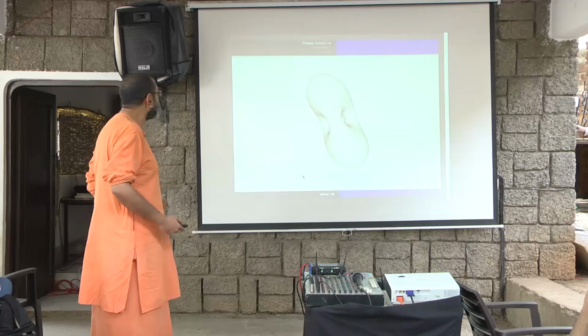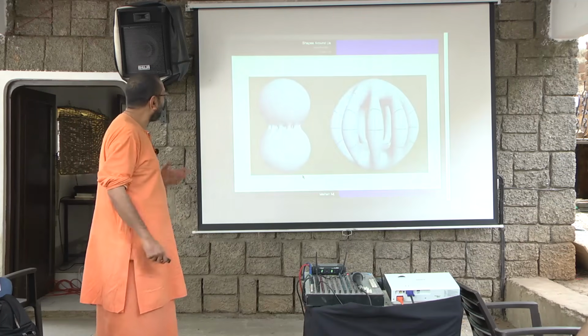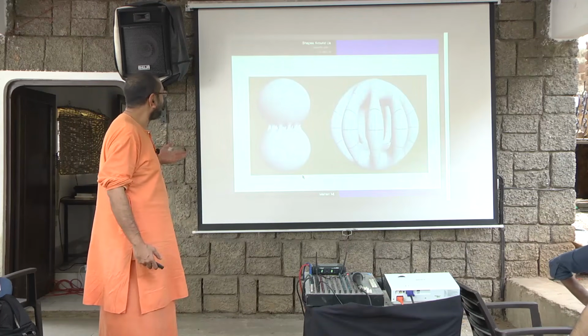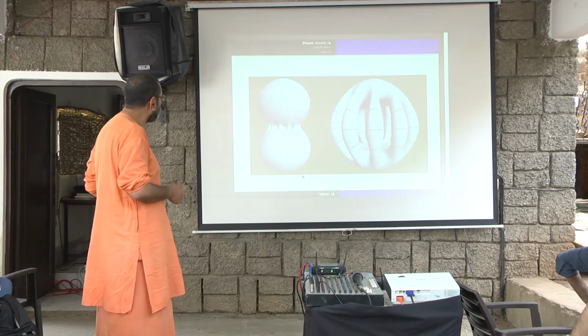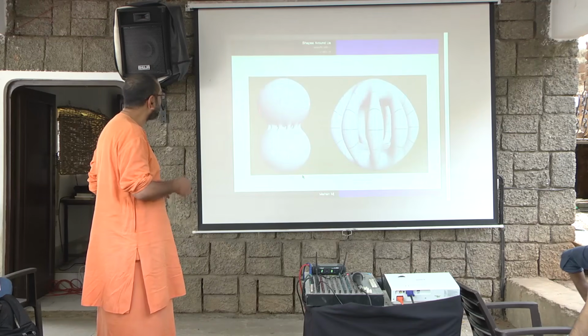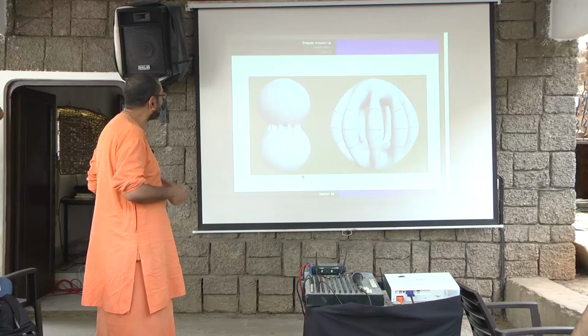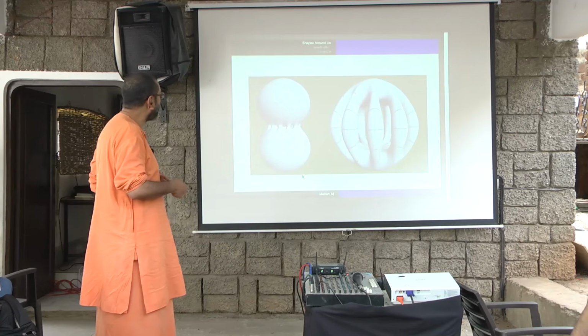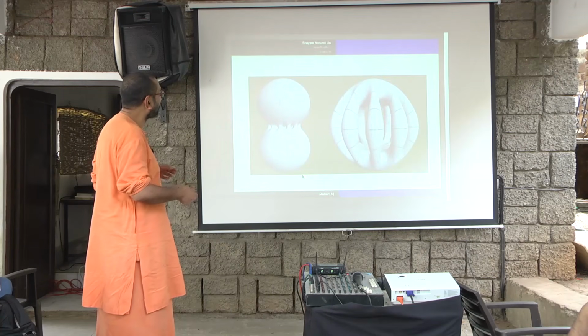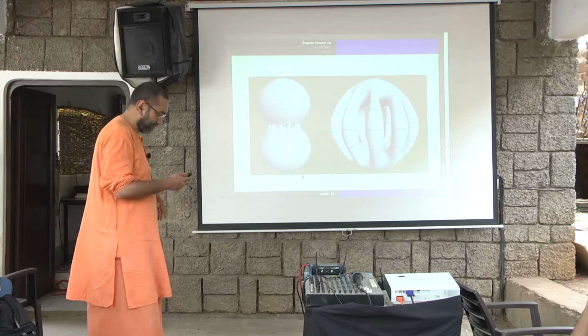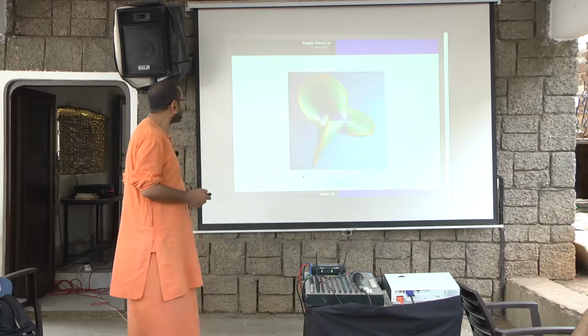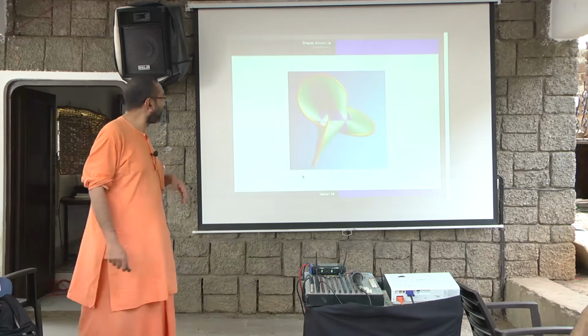Here's something slightly more exotic, and these are models. What's curious to note here is that this blob on top and the blob at the bottom are pretty large, but these connecting things are small. Here the blobs have become very small, but the connecting limbs are long. Here's a more exotic example.